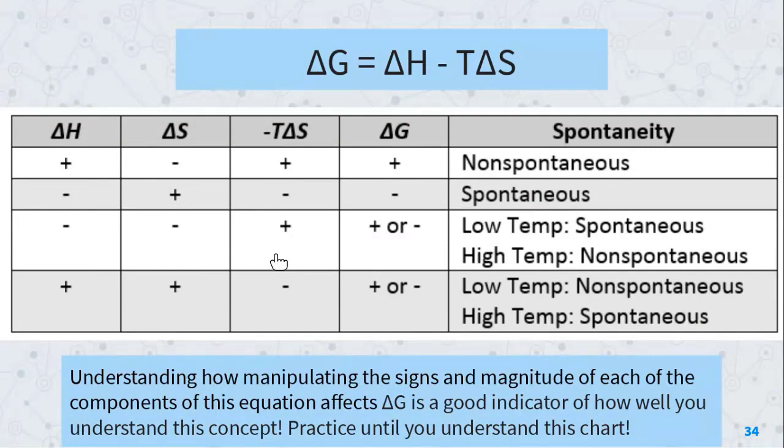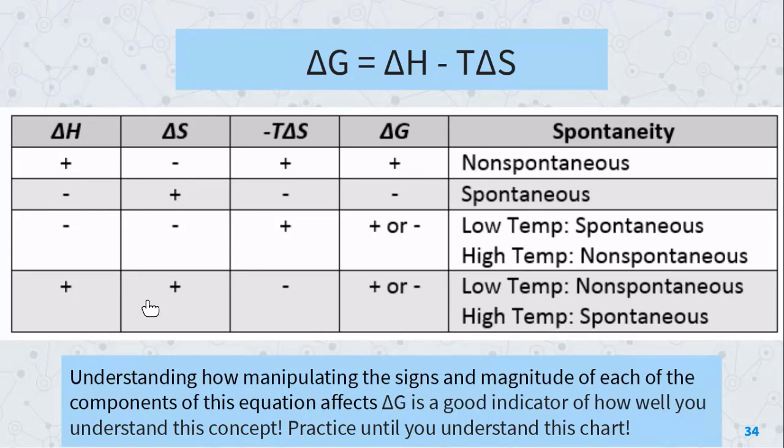And so our minus T delta S component, since we had a negative delta S, overall is going to be positive. And that's not really very good because we want our delta G to be negative. So even though we have a negative delta H, if you look over here, we want to minimize the temperature in order for this to overall be negative. And so it says at low temp, it's spontaneous, but at high temp, it's non-spontaneous.